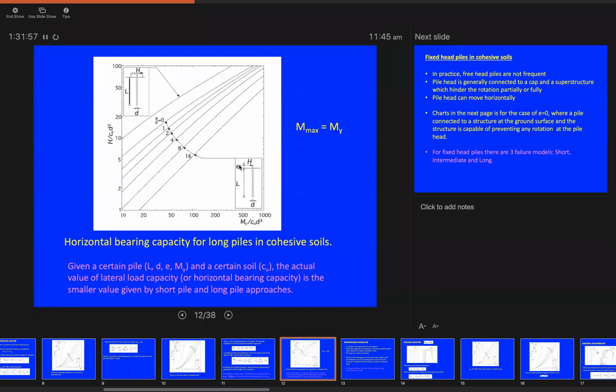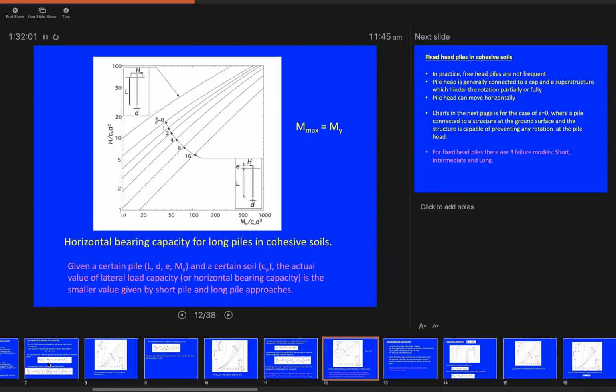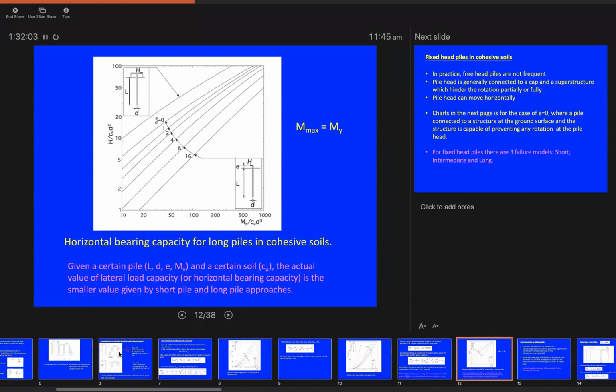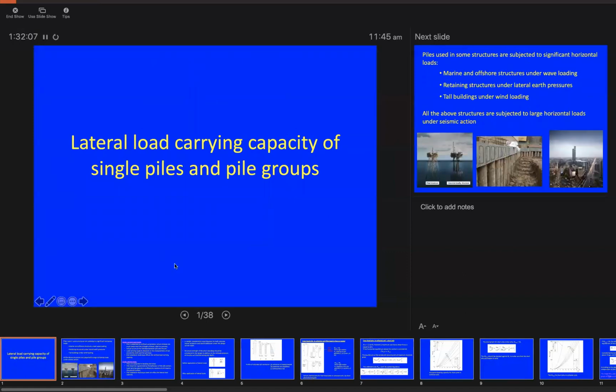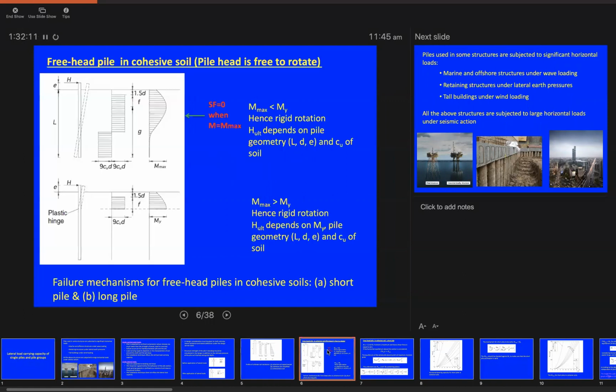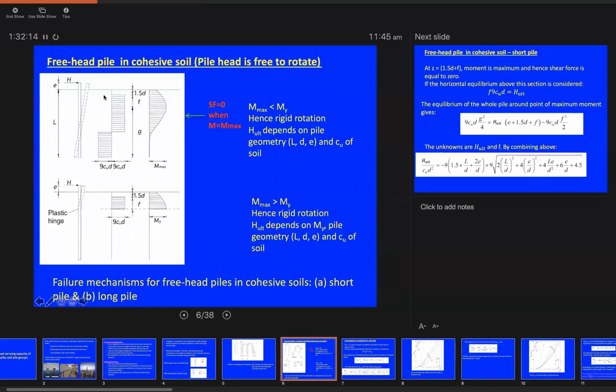If we go back to the lecture notes where we discussed this material, which is the lateral load carrying capacity of single piles and pile groups, whatever the situation is, either free-head pile or fixed-head pile, either in cohesive or cohesionless soil, you have 3 options to solve this system of equations.